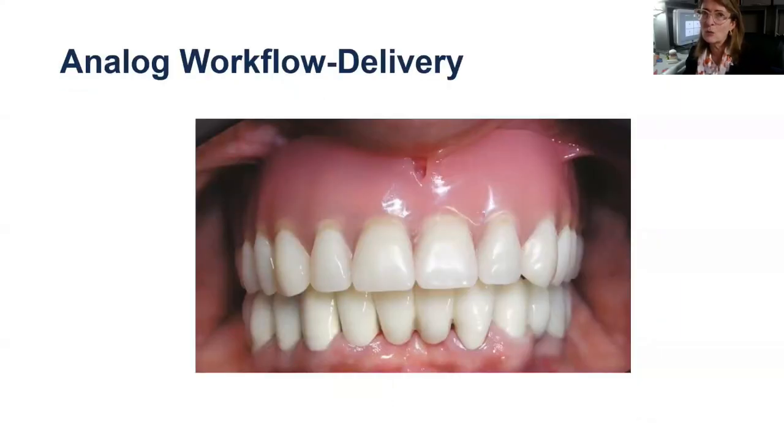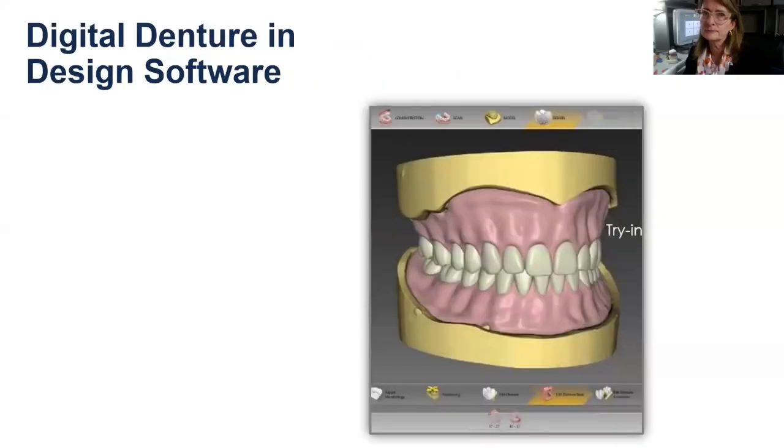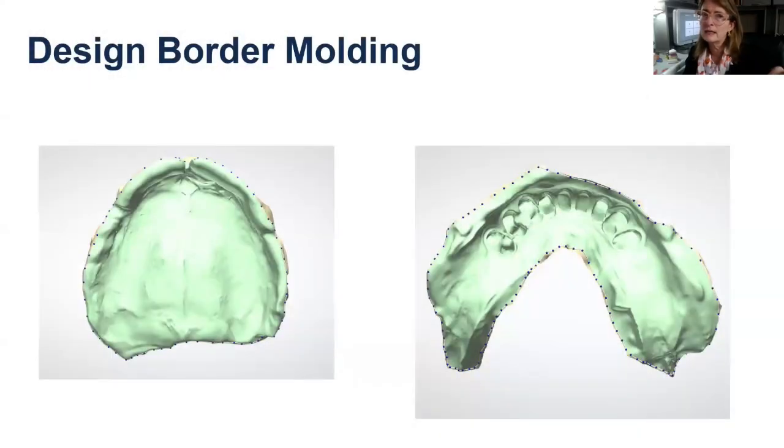So we have an analog workflow delivery. I wanted to show you a little bit about the digital denture design and what that looks like in software that we use at the laboratory. This is design software that we use specifically for dentures. And this is an example of border molding, right? You can see the annotations following the border.